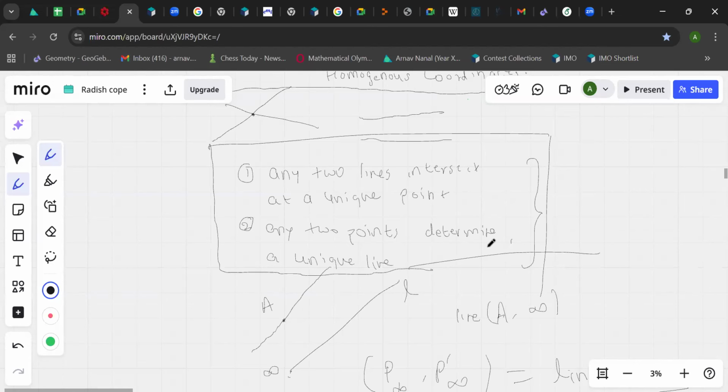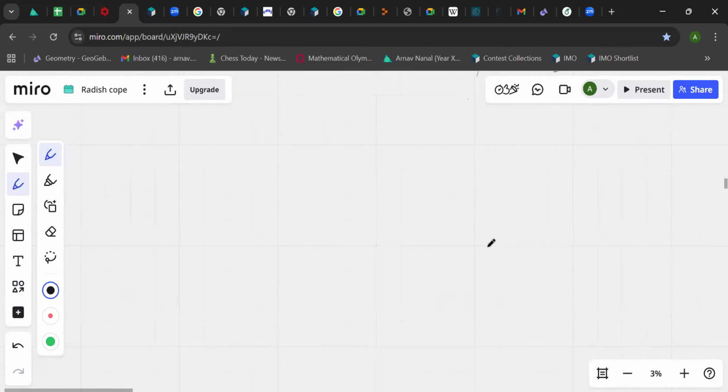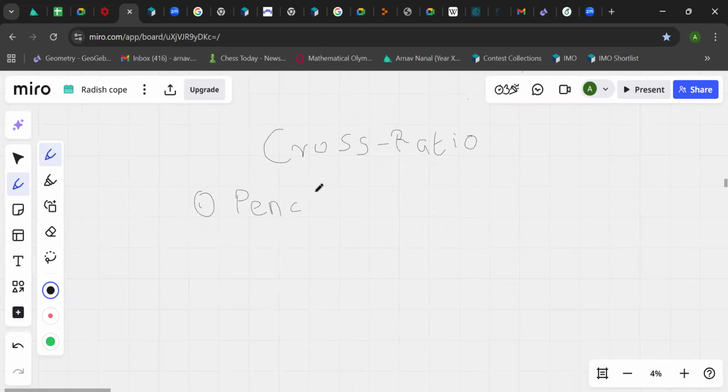Okay, now I will introduce a quantity called the cross ratio. We don't know what the cross ratio is right now, and most of the time we really don't care about it. The cross ratio for our scope is defined on a pencil of lines. I forgot to define what a pencil of lines is.